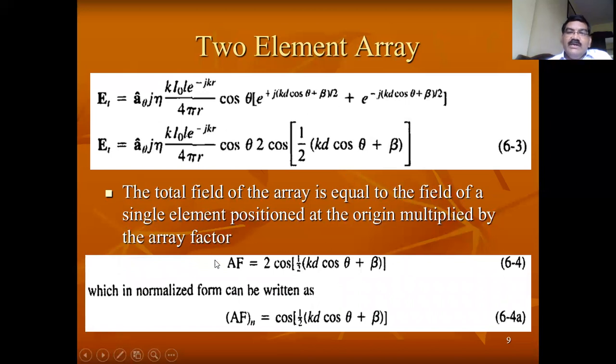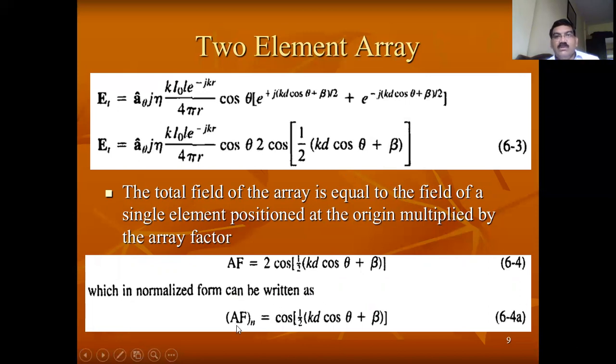This array factor is important because we have the analysis of a particular antenna. This is the basic radiation pattern of your infinitely small dipole antenna. The equation you can verify, and this is the array factor, which can be written in normalized form.